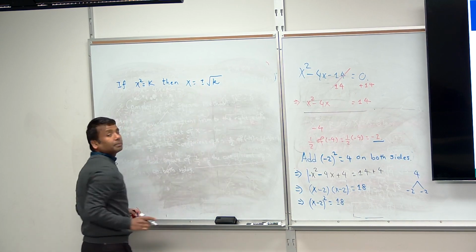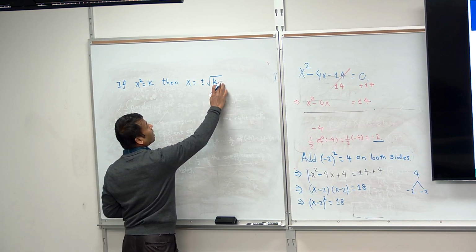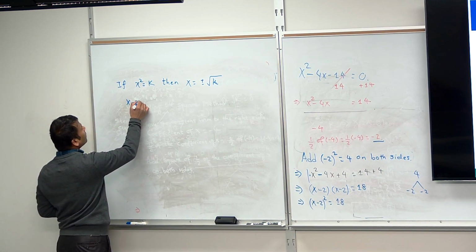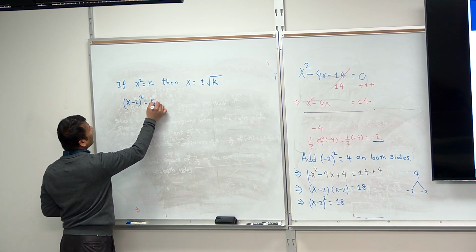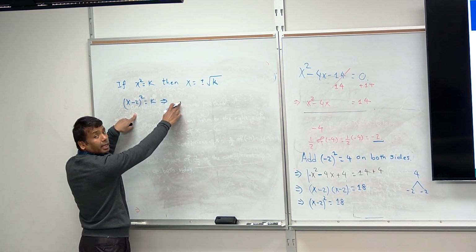We did that, right? Remember that? Now what do we have here? We have x minus 2 squared equal to k. Now can you apply this?